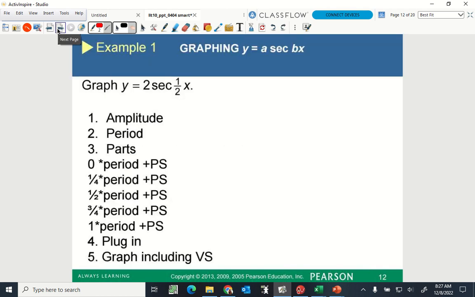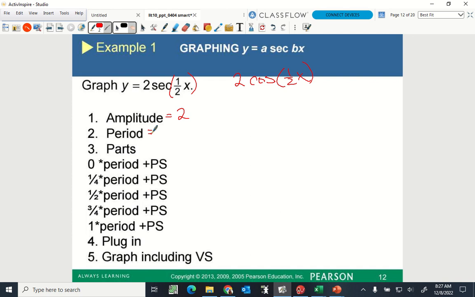All right. 2 secant 1/2 x. I'm going to pretend that this is 2 cosine of 1/2 x. Amplitude. Say it. 2. Period.